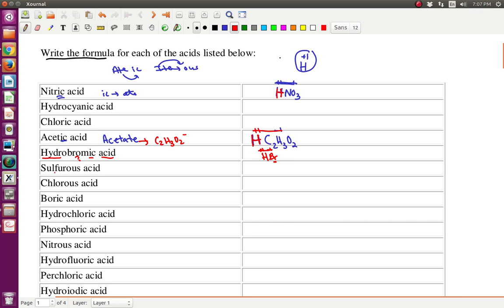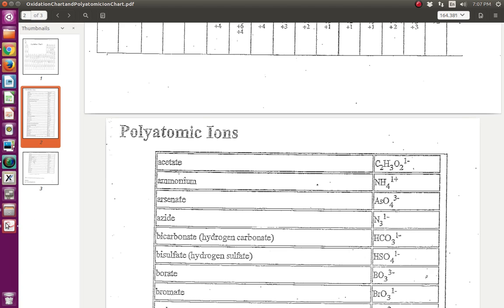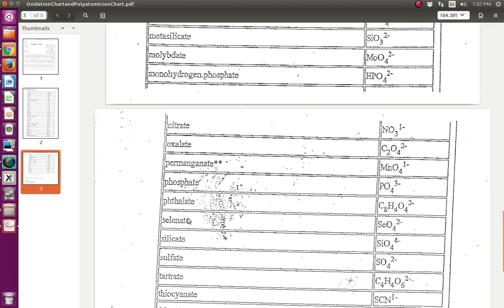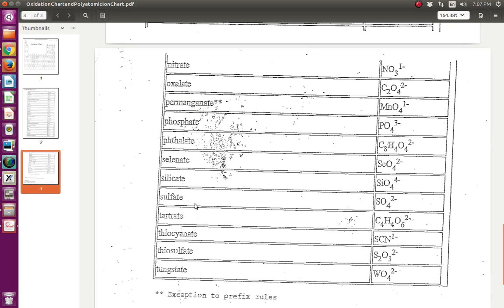All right, now we've got sulfurous acid. Ate becomes ic, ite becomes ous. So ous would become ite. So sulfurous comes from the sulfite ion. Let's go find sulfite. We have sulfate, SO4, so sulfite should be SO3, because ite is one less than ate. One less than 4 is 3.